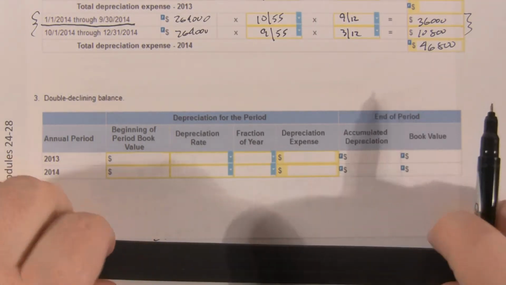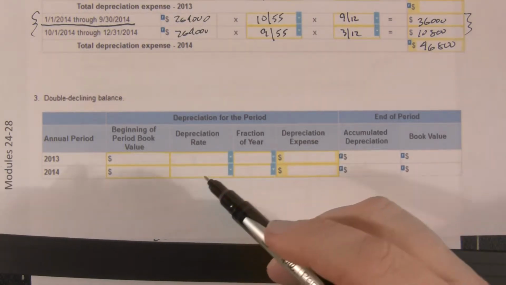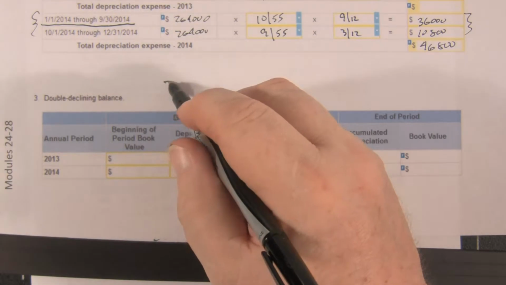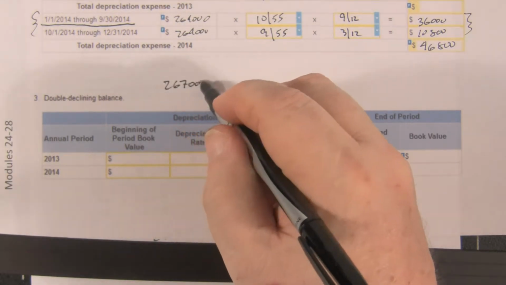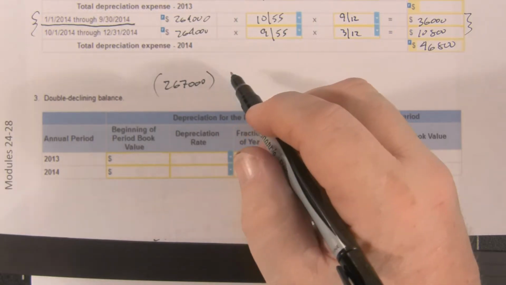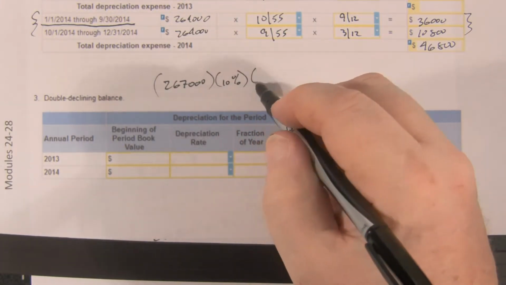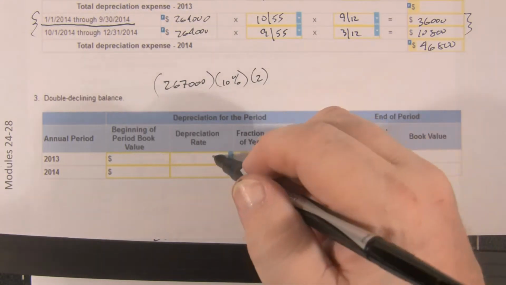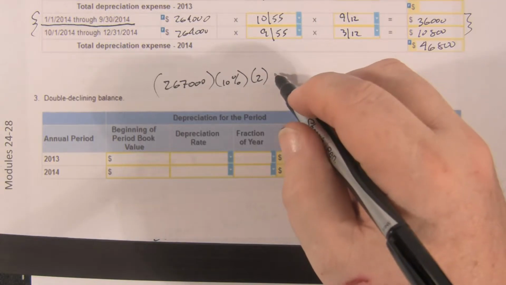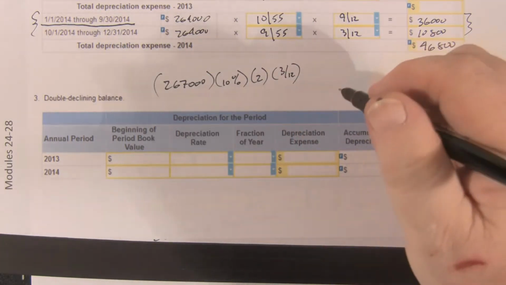So we have 267,000. Remember, we don't take the salvage out. We use the double declining balance method, times 10% times 2 times 3/12, because we only have it for 3/12.